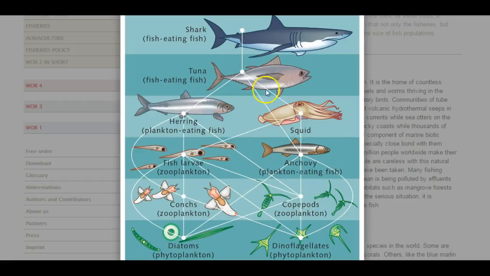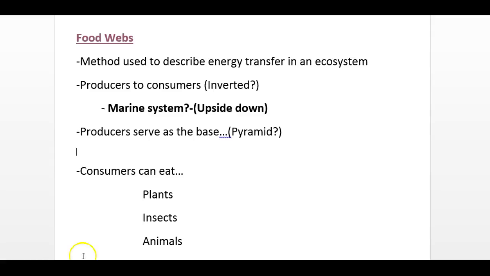But as you move up the food chain, think about where these organisms are. These sharks are lower in the pelagic zone, tuna are lower in the pelagic zone, and actually, even though these guys are at the bottom of the food chain, they're at the top of the ocean water. And these guys, although they're at the top of the food chain, they're at lower regions in the ocean, in the pelagic. So that's kind of what I mean by that.